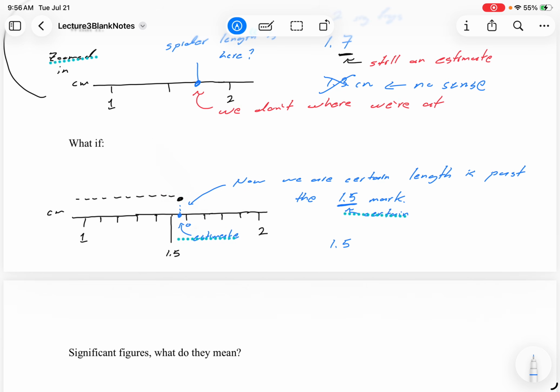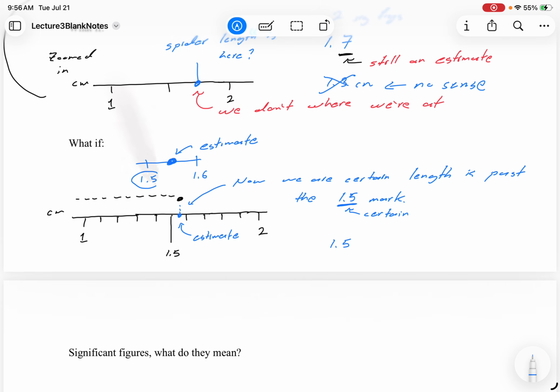That's going to be your 1.5, and that's going to be your 1.6. So it's between those two values. To zoom in, we're in 1.5, and there's 1.6. So basically just zoomed in. This is where we're at. So we are allowed to estimate right here.